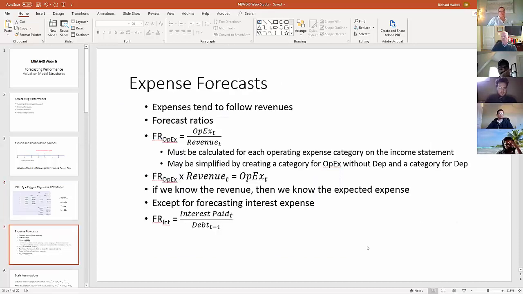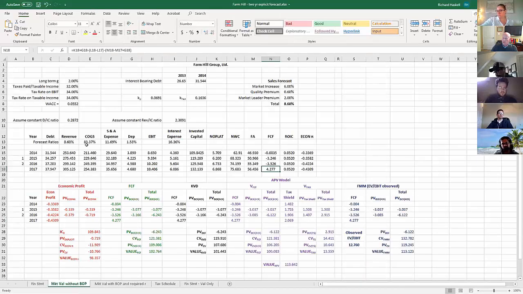As we continue on with our expense forecast, and this is without adjustments, we recognize that we use a series of forecast ratios. And I'll move to the Farm Hill case again, and we'll look at these. So in this case, and it's a simplified case, I've got cost of goods sold as a category that's part of my operating expenses.